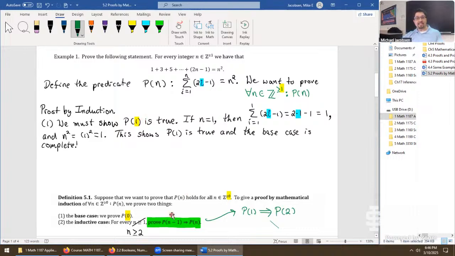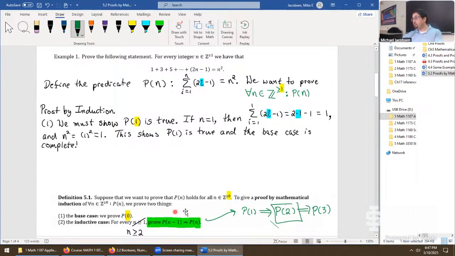Because what this is saying is the prior predicate, when you plug in a value, is a proposition, making it kind of confusing. The prior proposition with the value of n minus 1 thrown in will imply the next proposition where n is 1 higher. So if I prove this already, and we just proved P(1), we've also proved P(2). And we've also proved P(3) because we take this, put it back into this.